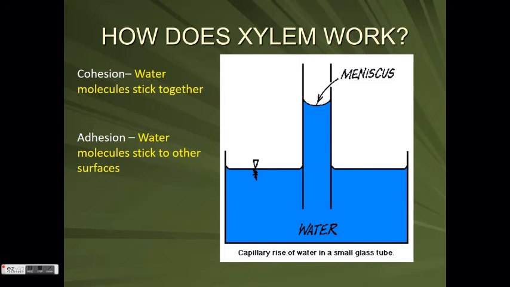With cohesion and adhesion, one way that you can take a look at this is a demonstration that we're going to show in the lab using capillary tubing. It's really tiny, really thin tubing, and we're going to touch the tubing just to the surface of the water, and even just touching it to the surface is going to allow the water to move up the tubing a little bit. That's because the water molecules start to stick to the sides of the tube.